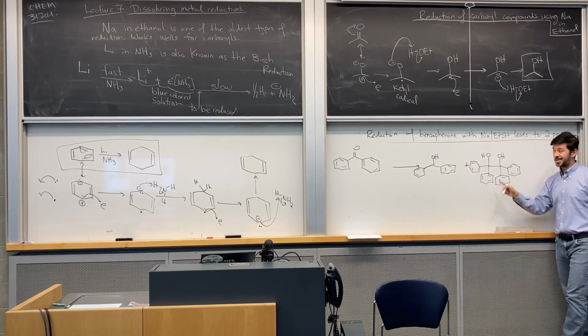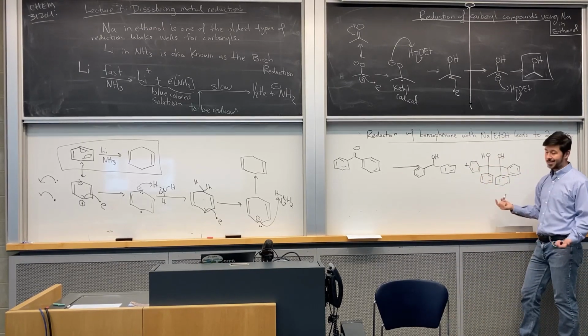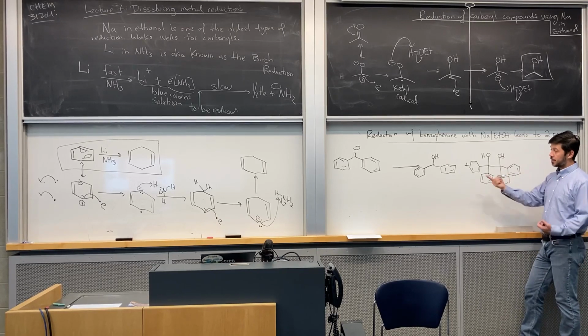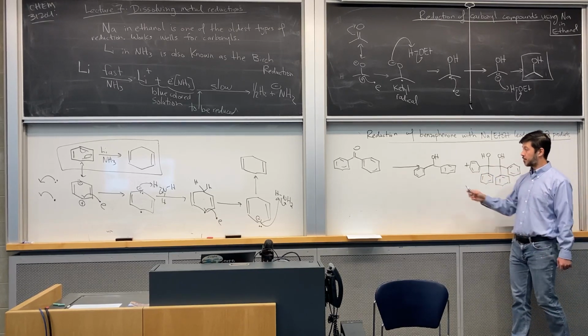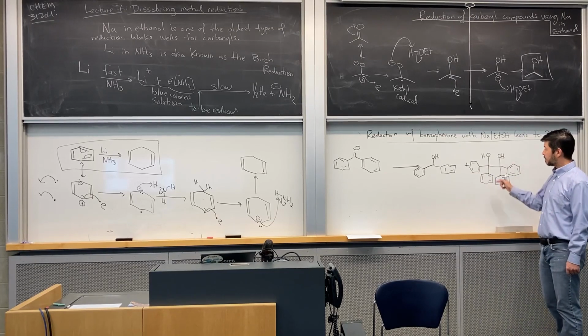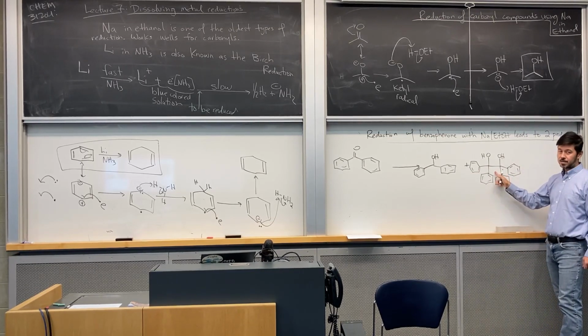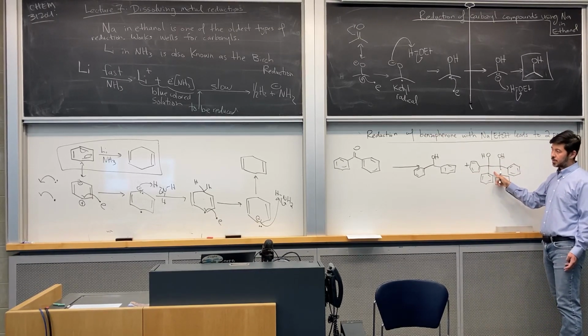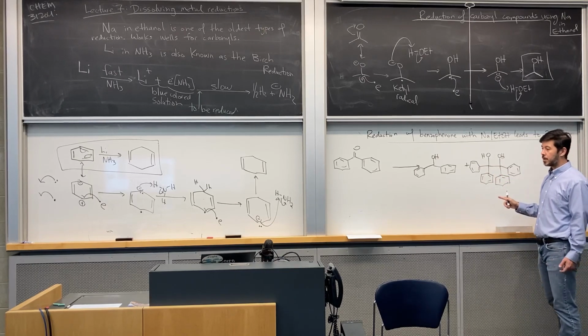Okay, so it almost looks like a dimer of these two compounds coming together. So this is obviously a very different product from this one shown. And how can we account for this product formation? Because sure, it is a reduction, but you form a new carbon-carbon bond.